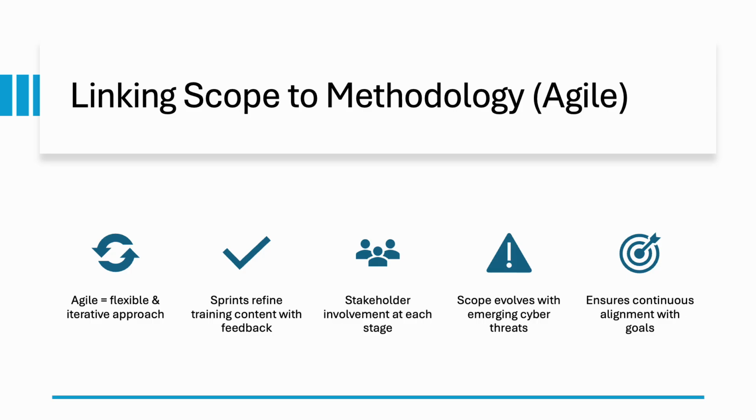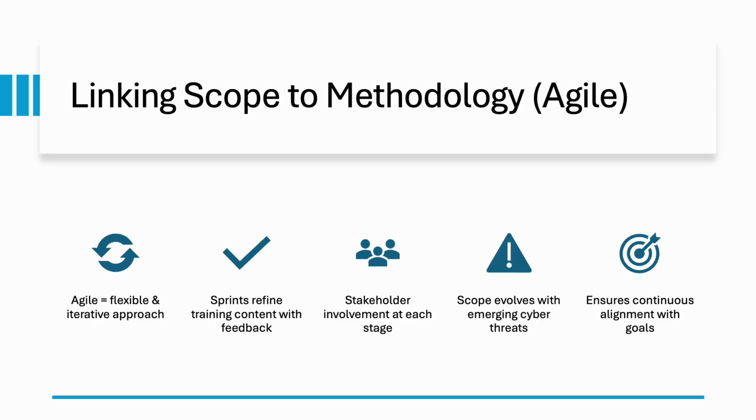Agile methodology is particularly well suited for IT projects like this. One, because of its iterative structure. Instead of attempting to deliver the entire training program as a single, large deliverable, Agile breaks the scope into smaller, manageable increments called sprints.